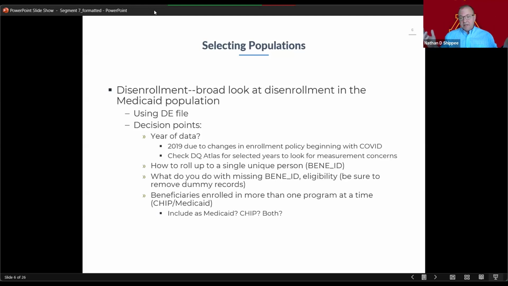At the very least, as you start making a data request, what year or years are you looking at? Now, as we mentioned in policy differences, about segment 1 yesterday, we had some fairly significant policy changes between 2020 and 2023 in regards to policy about enrollment.